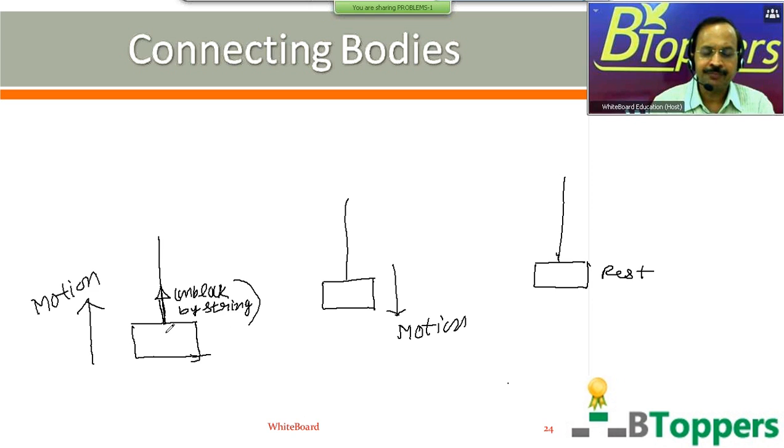According to Newton's third law, to every action there will always be an equal and opposite reaction. Here the action is the force on the block by the string, which acts vertically upwards. So the direction of the reaction will be opposite to the action. If the action is upwards, the reaction will be vertically downwards.